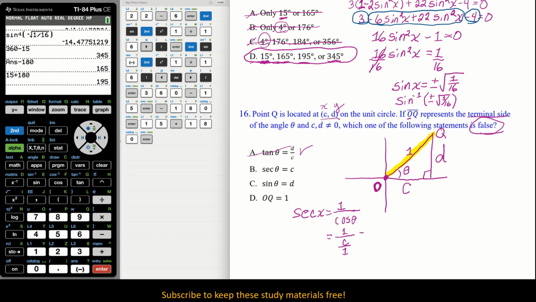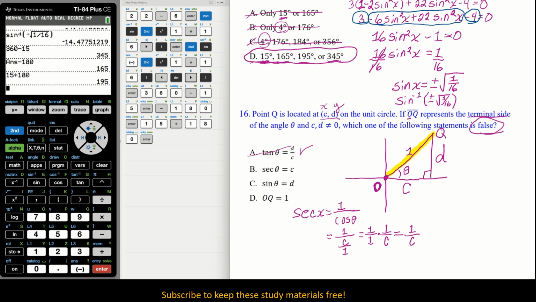And actually, in this case, that would be like saying 1 over 1 times 1 over C. And that, oops, that looks like a 6, not a C. Okay, 1 over the C. Okay, well, when you multiply all that out, you get 1 over C.